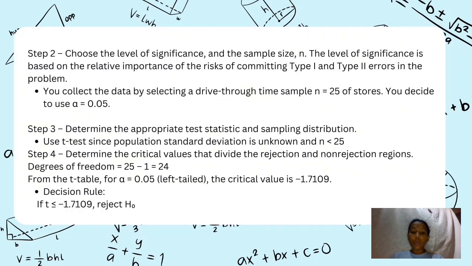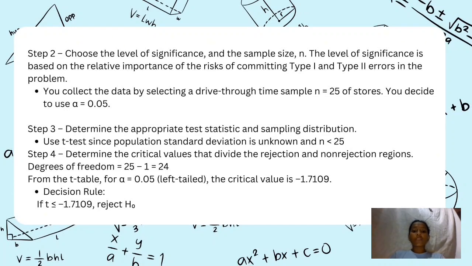In step 2, we collected a sample of 22 stores and set the significance level at 0.05. Next is step 3. Because the population standard deviation is unknown and the sample size is small, we use a t-distribution. In step 4, the rejection region is on the left tail.